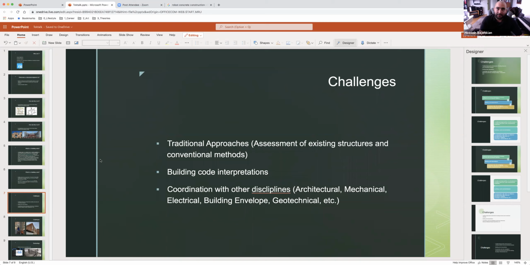Structural engineers have been around for about 100 years, but buildings have been constructed for maybe the past 7,000 years.